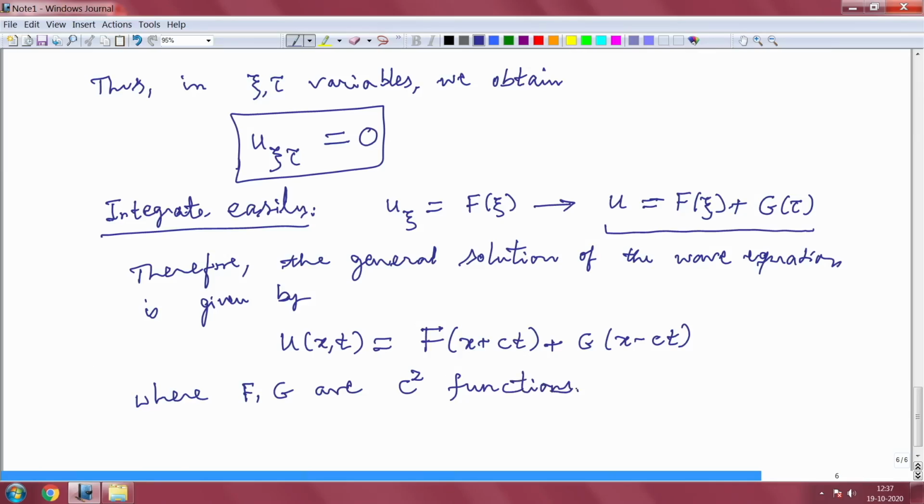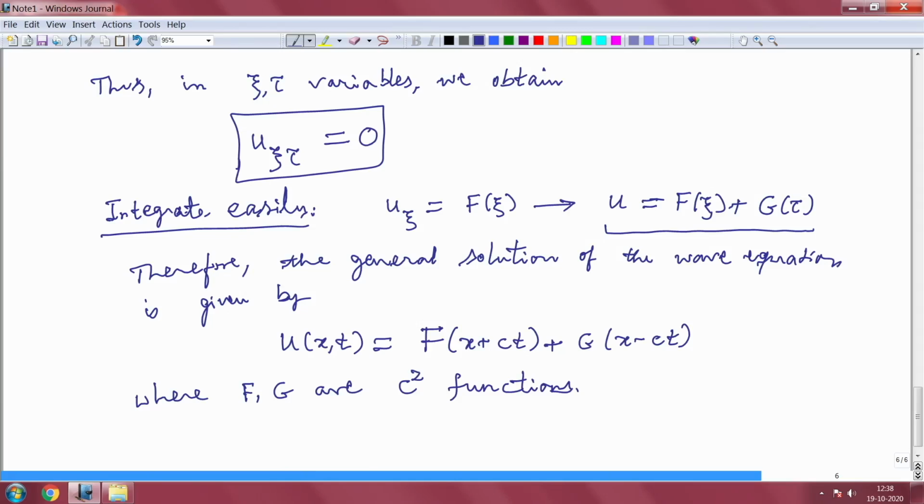You can also easily verify that if u is given by that, and if f and g are C2 functions, then directly you can differentiate and verify that u indeed satisfies the wave equation. There is no difficulty in doing that.